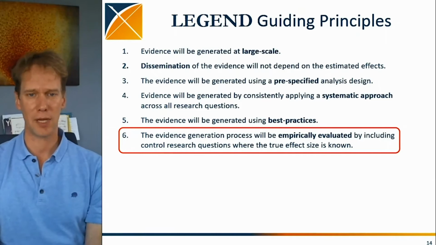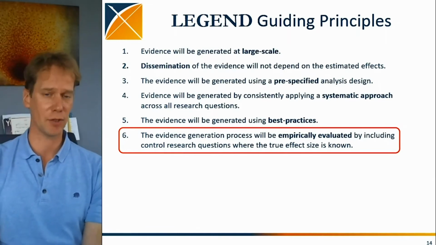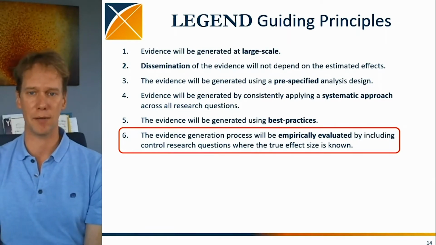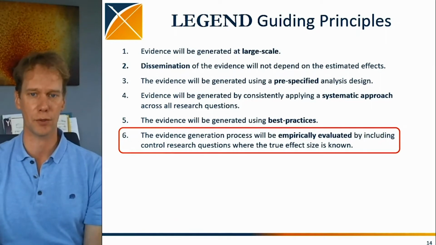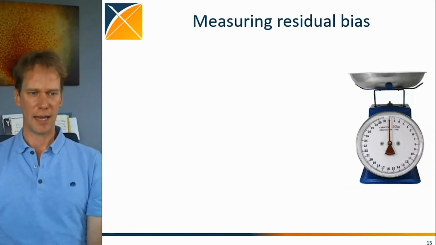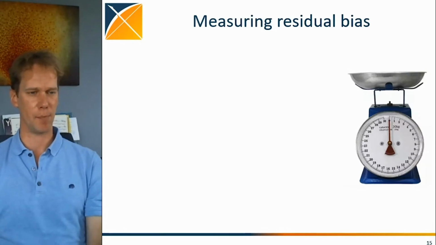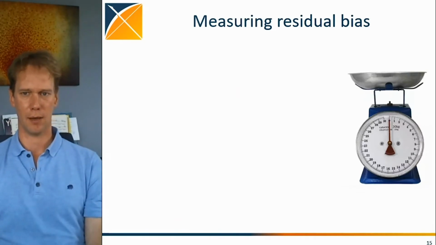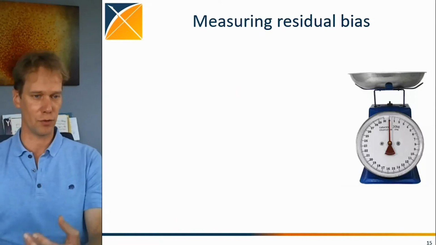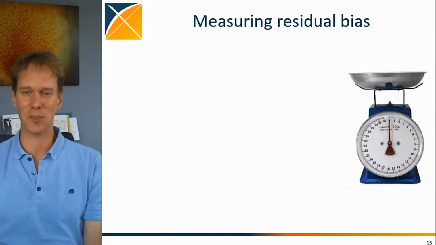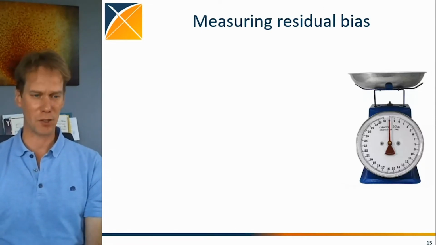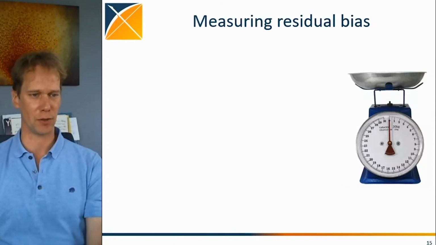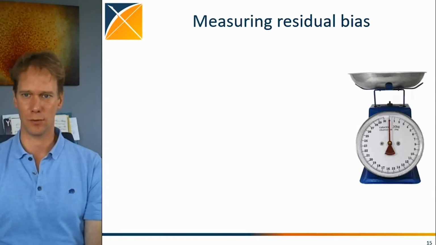The sixth principle states that the evidence generation process will be empirically evaluated by including control research questions where the true effect size is known. Now, a study can be viewed as a measuring instrument. Just like a scale is used to measure the weight of an object, a study is an instrument to measure an effect and to measure the effect size.